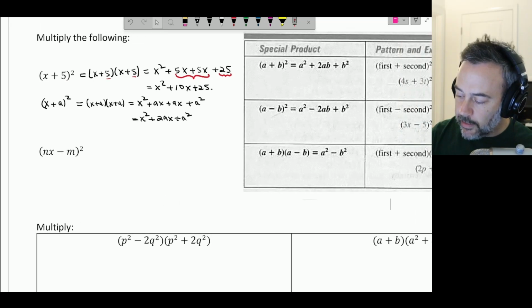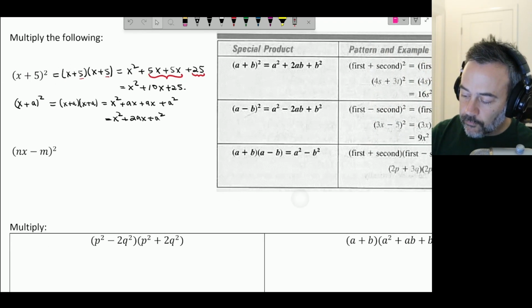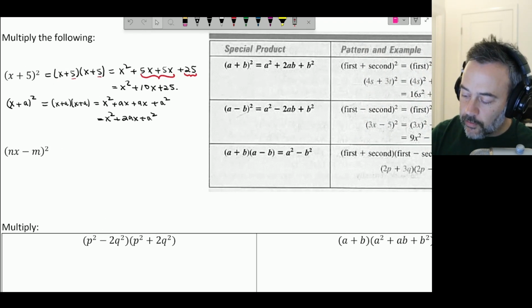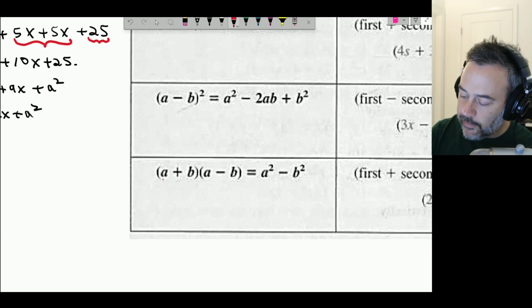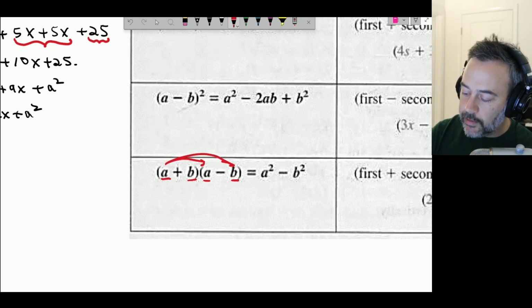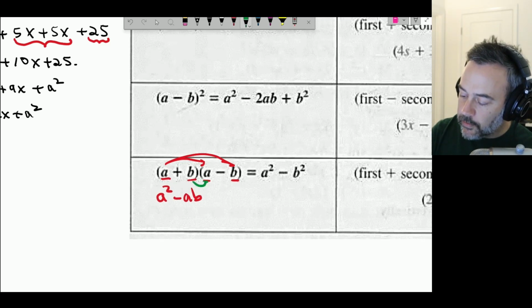Okay. So when you have a plus b times a minus b, if we were to do the distributive property the way I did before, we would get a squared minus ab, that's this one, and then this would be plus ab, and this one would be minus b squared.